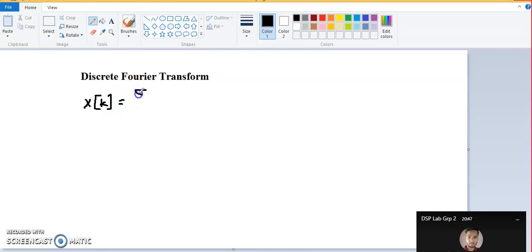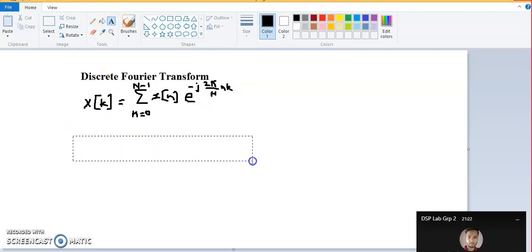It is a summation, n changing from 0 to N minus 1, where N is the number of samples in x[n]. Then the twiddle factor, e raised to the power minus j 2 pi by N nk. Okay, this is DFT.